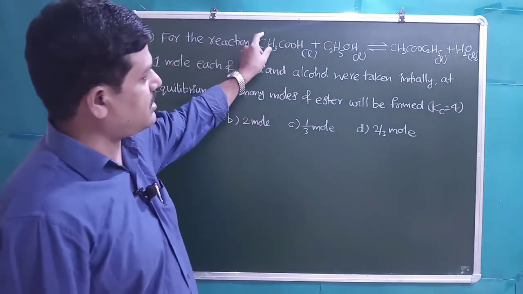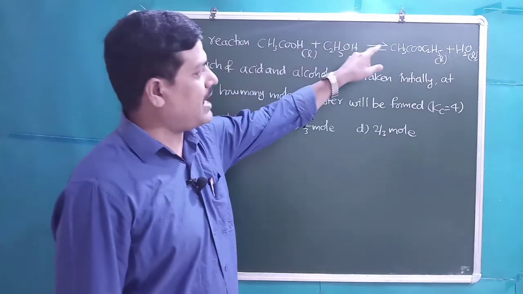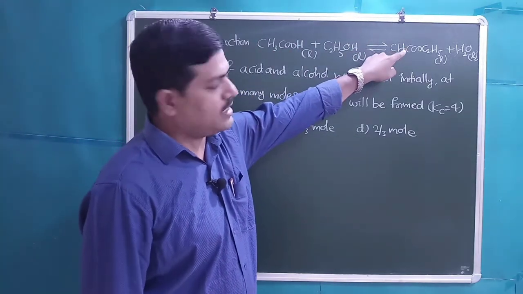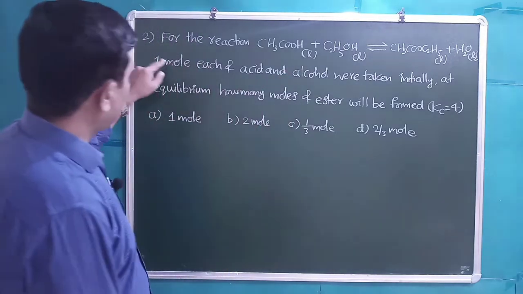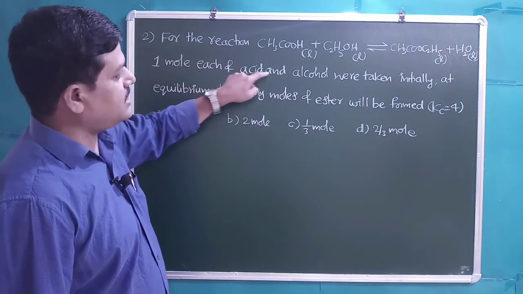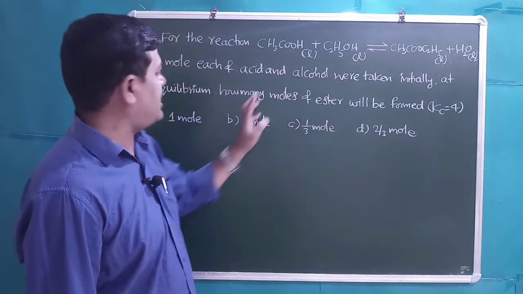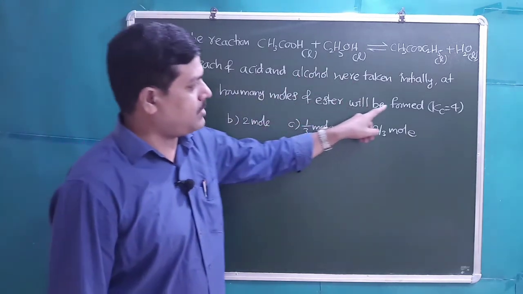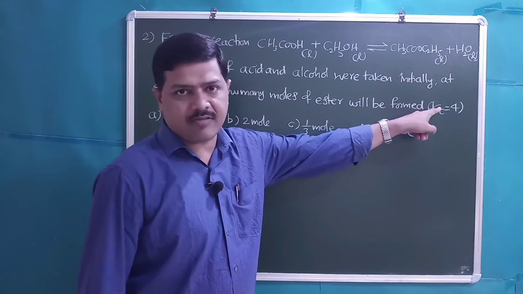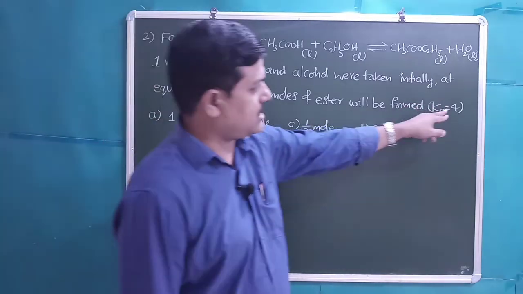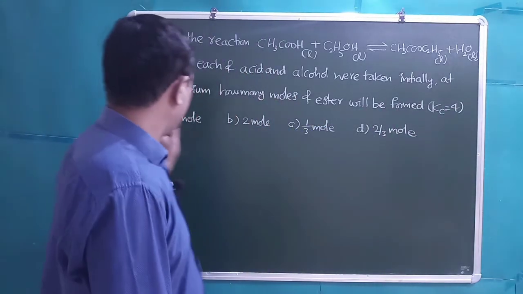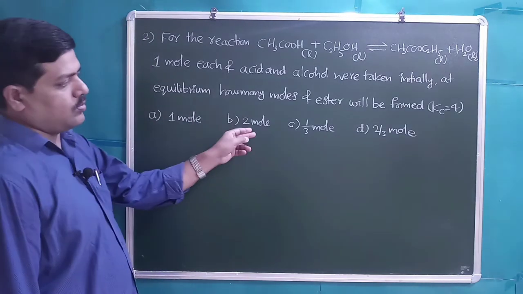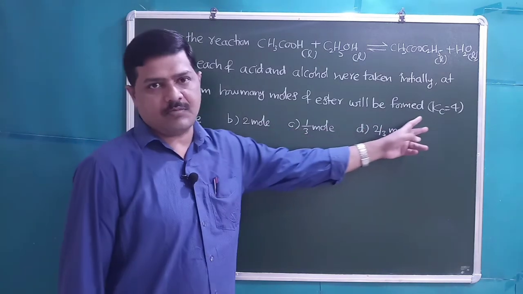The forward reaction is called esterification. The backward reaction is called hydrolysis of ester. 1 mole each of acid and alcohol were taken initially. At equilibrium, how many moles of ester will be formed? Kc, the equilibrium constant for the given reaction, is equal to 4. Options are 1 mole, 2 mole, 1 by 3 moles, 2 by 3 moles.